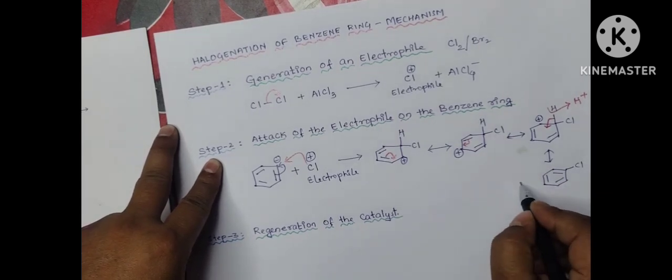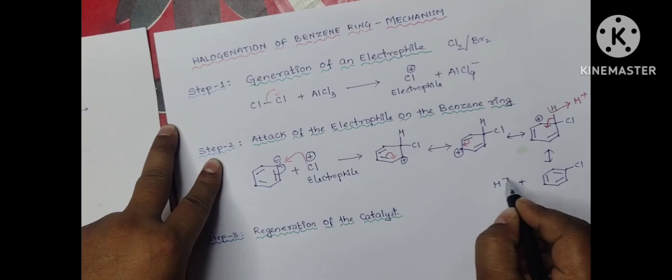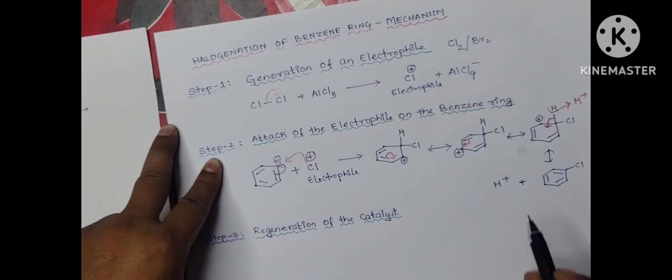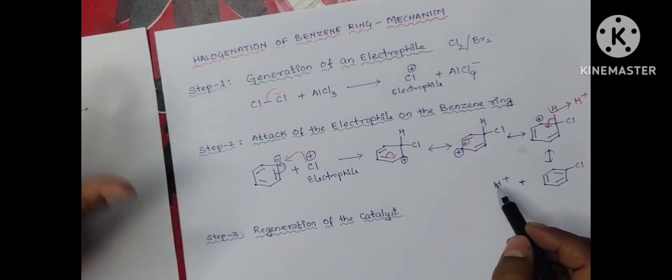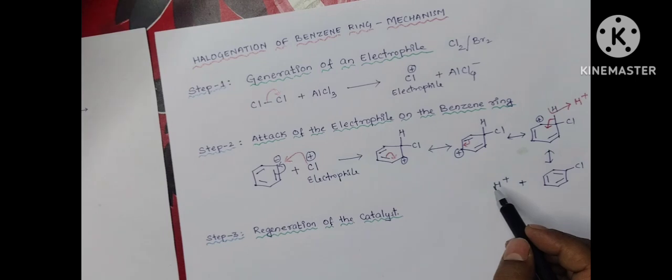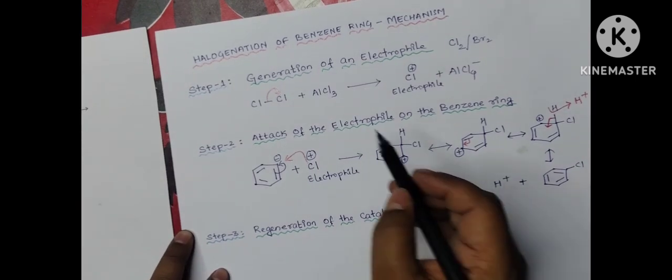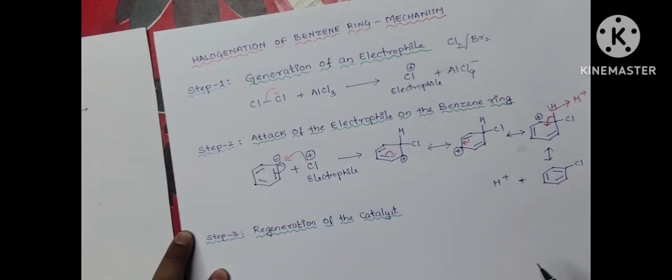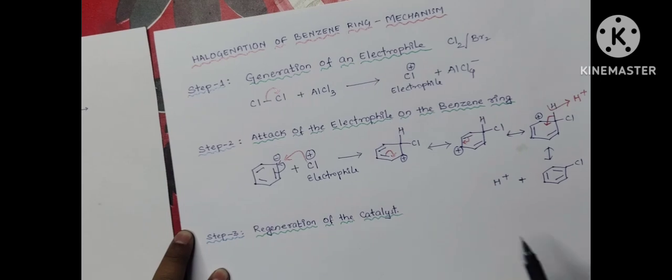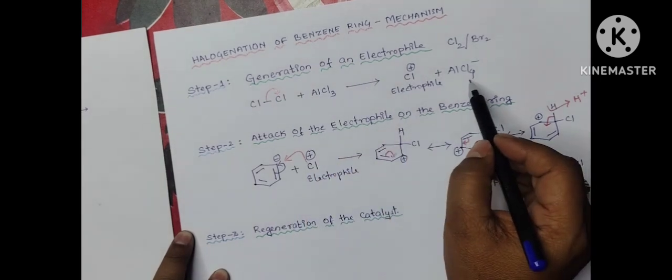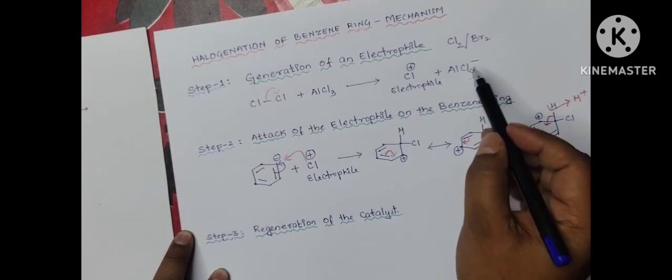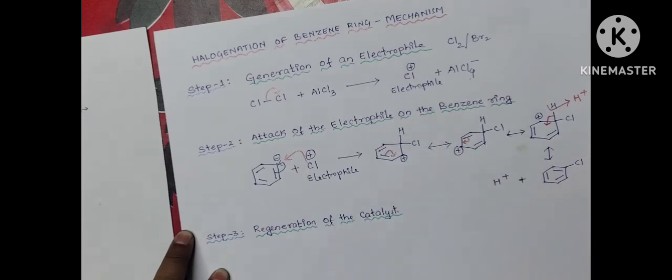So what is being replaced, my dear? Here a proton is being lost. Initially we took AlCl3 as the catalyst, but it has converted into AlCl4 minus. So in the third step, we are going to regenerate that catalyst, AlCl3.